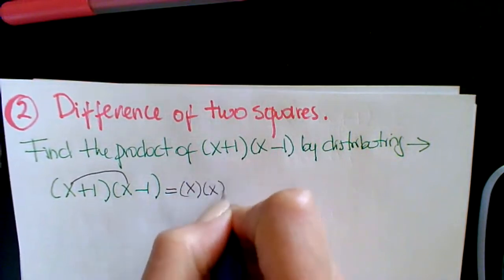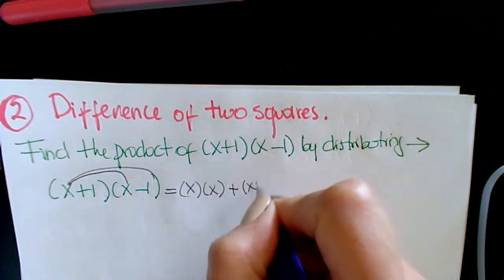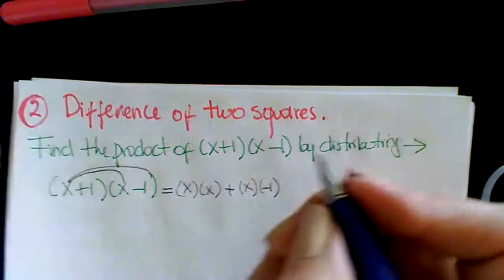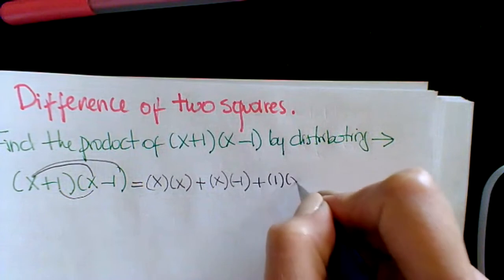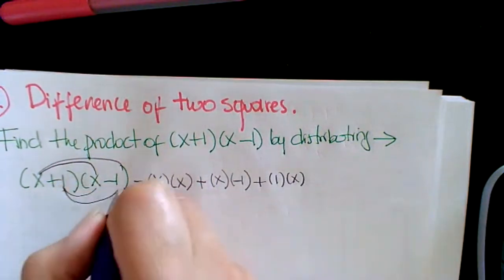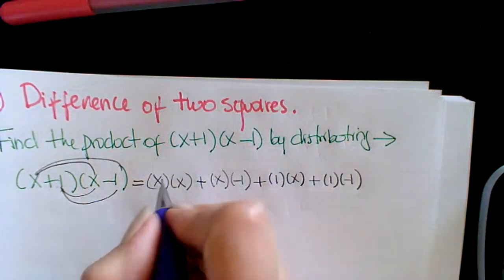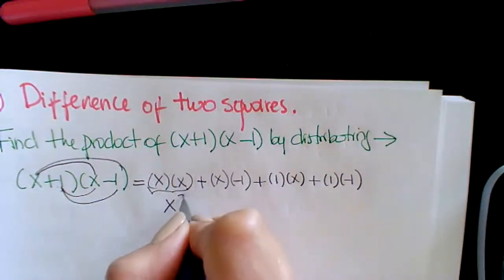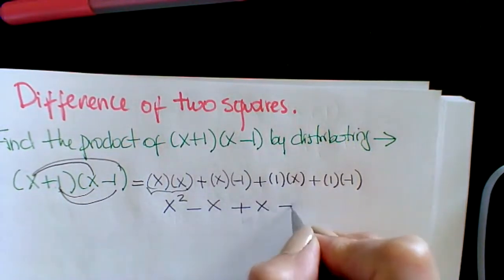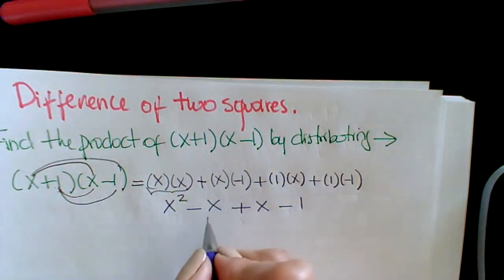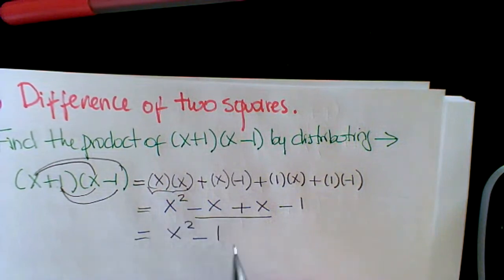We could do it like this first. So what do I get from here? x squared. From here, I get negative x, plus x, minus 1. If I combine these two, I get x squared minus 1.